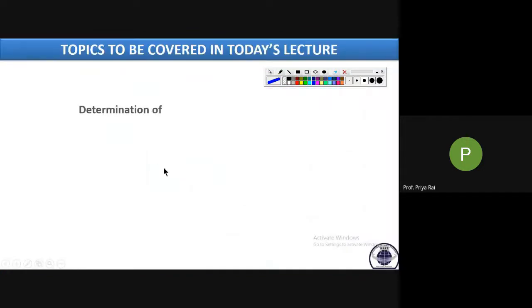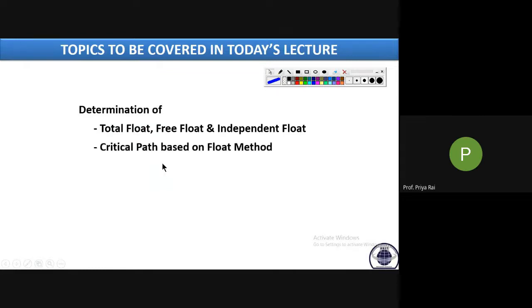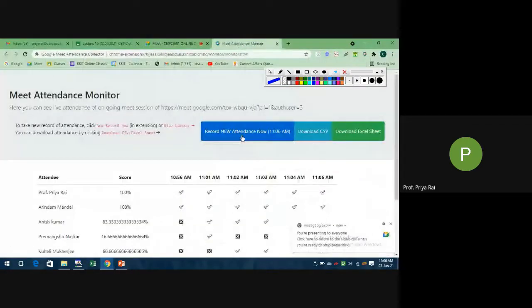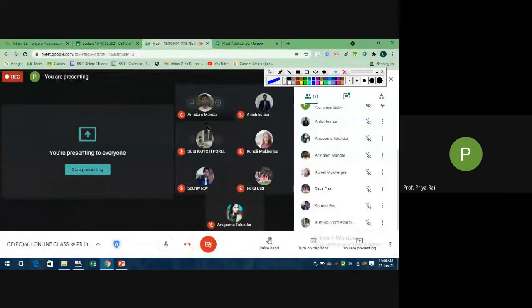When will we say that a particular activity is a critical activity? You calculated these values: total float, free float, independent float. So after calculation, how can we identify whether that activity is critical or not? Anyone? Raka, Kuheli, what is the condition?